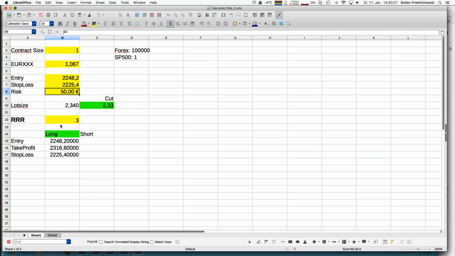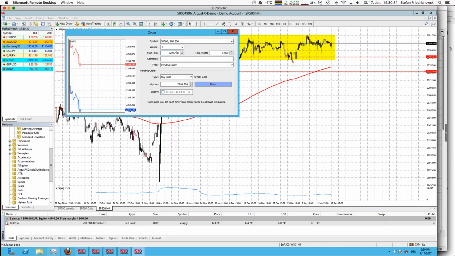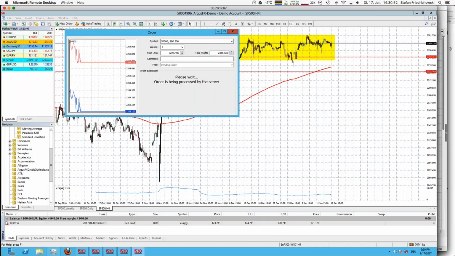I have a risk reward ratio of 3, so that is a good number here. And now I can enter already the take profit of that order, and that is 2316.6. And now my trade is ready to be placed, and I press that button.